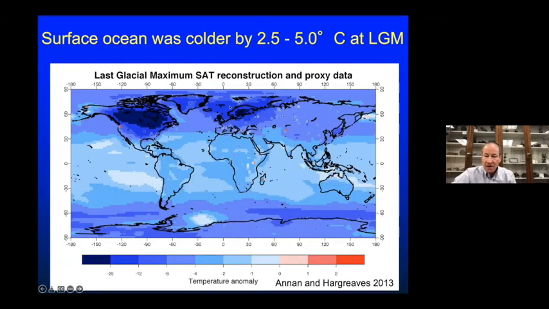And it appears from multiple records that are distributed globally and then model reconstructions that incorporate those, that it was colder everywhere, but it was especially colder at high latitudes and over the continents.